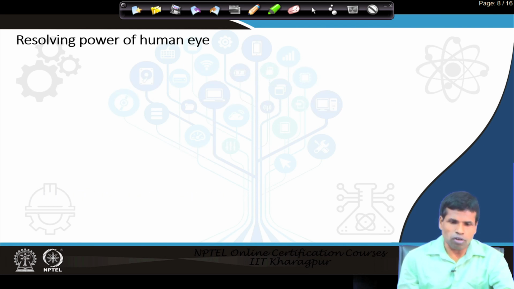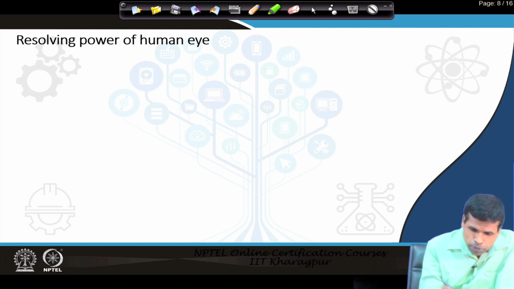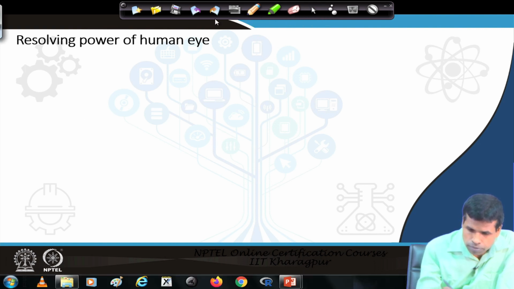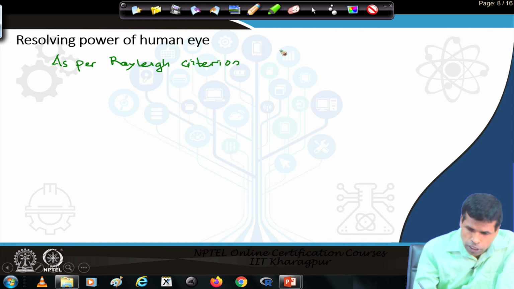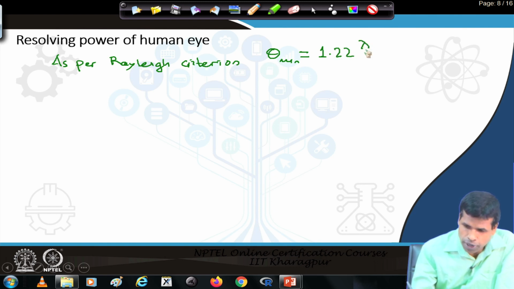So, as per the Rayleigh criterion, theta minimum, which is the angle of resolution or minimum angle of resolution, is 1.22 lambda by d.